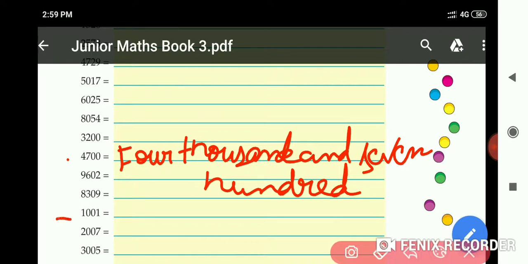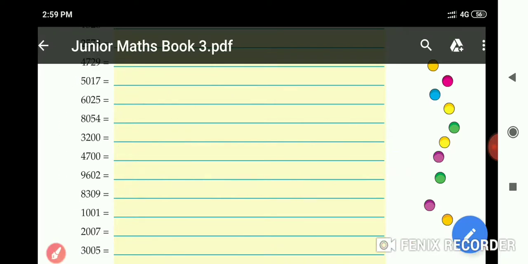Now come to this part, 1001. It is 1001. Like this you have to write down all the number names.